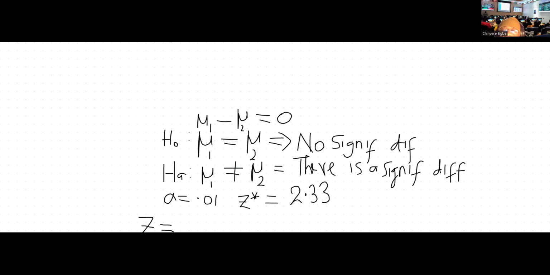Conversely, the alternate hypothesis says that mu1 minus mu2 is not equal to 0. Okay? This is what the alternate hypothesis implies.